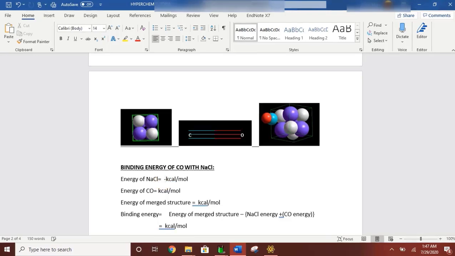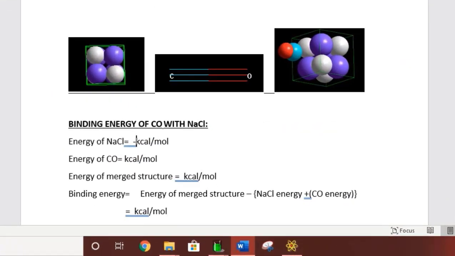It's negative 634.125, and the energy of carbon monoxide comes out to be negative 236.1311374, and the energy of the merged structure comes out to be negative 902.9491.